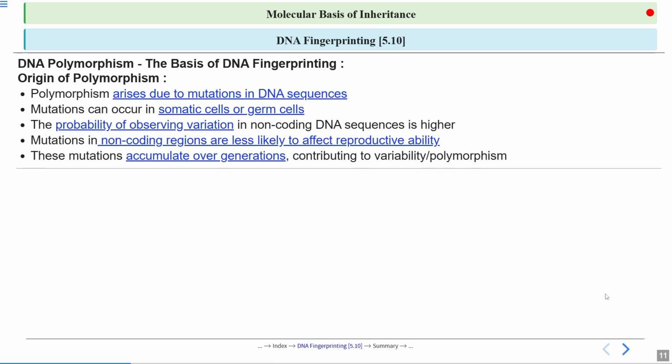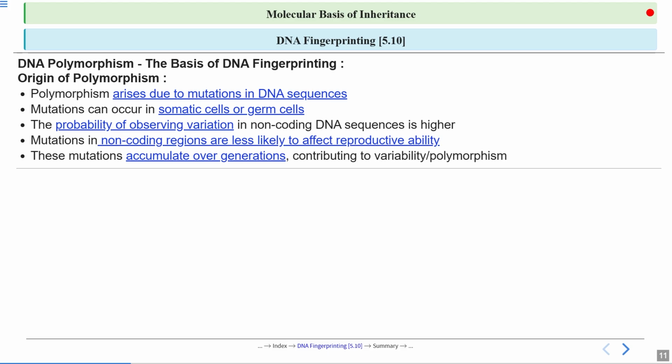So we have talked about polymorphism, like what a gene version is. It can exist in multiple forms, meaning alleles at the same locus, and that's why we call it polymorphism. Now, what is the origin of this polymorphism? It usually arises due to mutations in the DNA sequence.